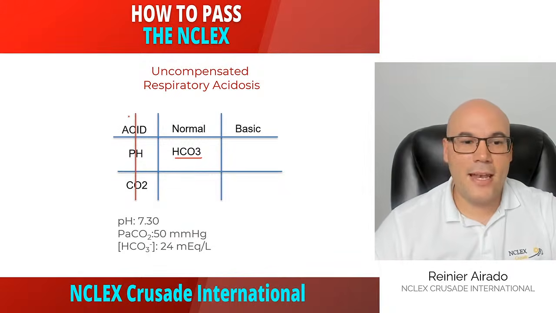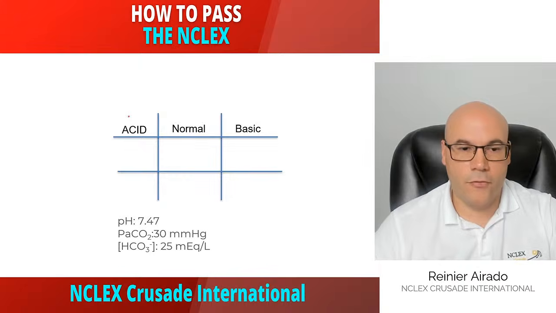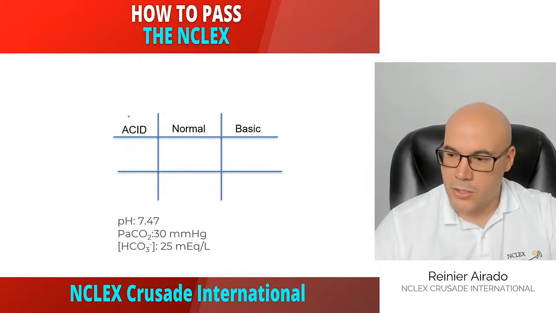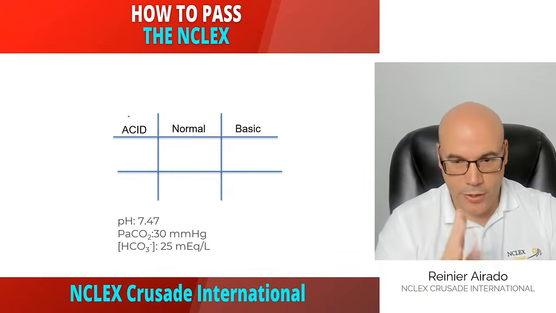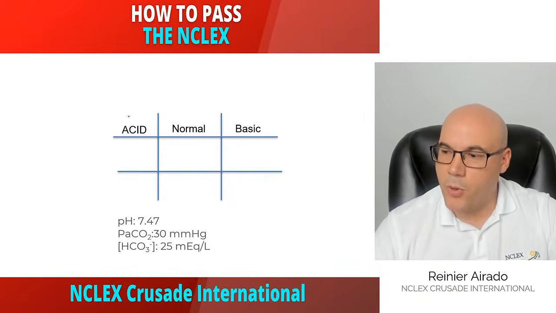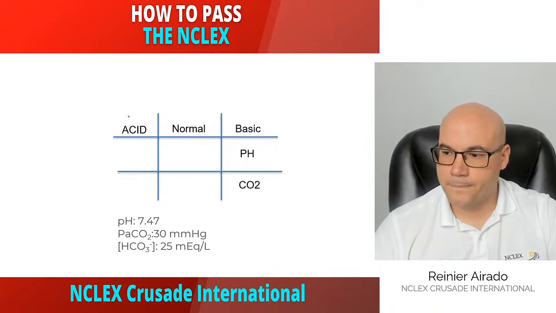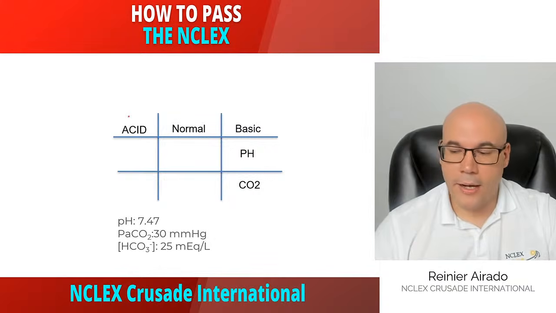Excellent. Let's go to the next scenario. The pH is 7.47. So we have the pH above normal range. Normal range, again, 7.35 to 7.45. The pH is 7.47, so we're going to put pH under basic. The CO2 is 30. Below normal range, we're going to put CO2 under basic. And bicarbonate, HCO3, is 25.